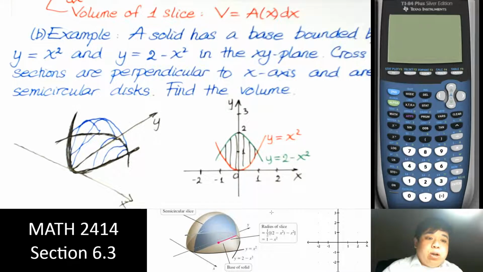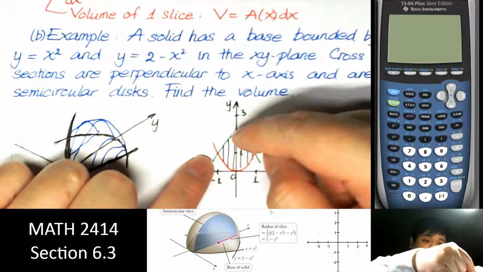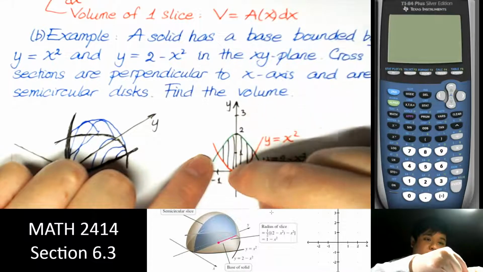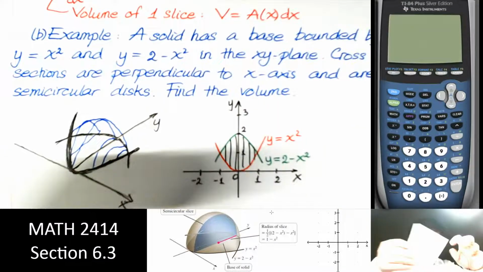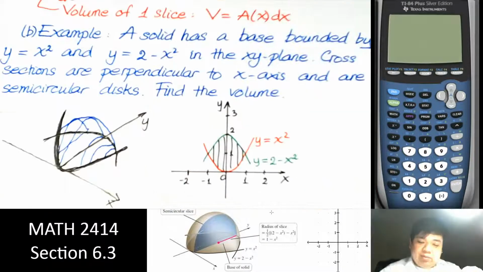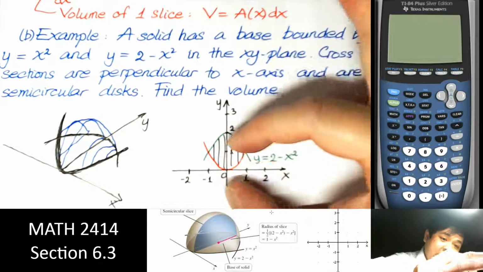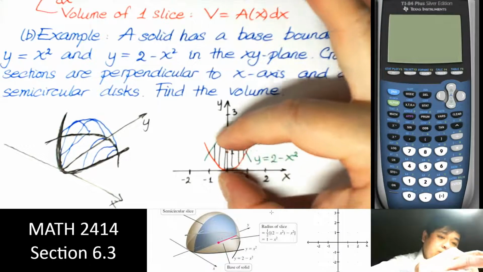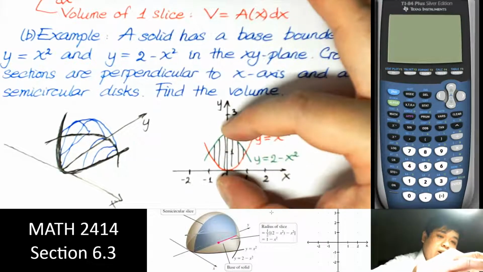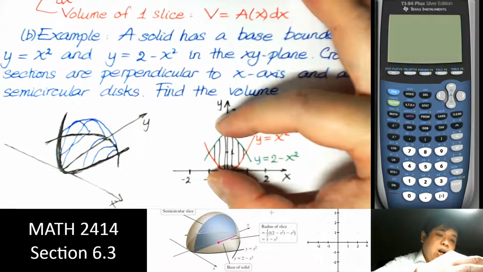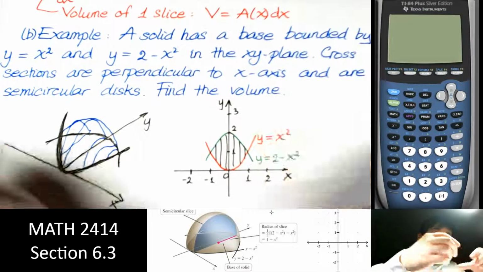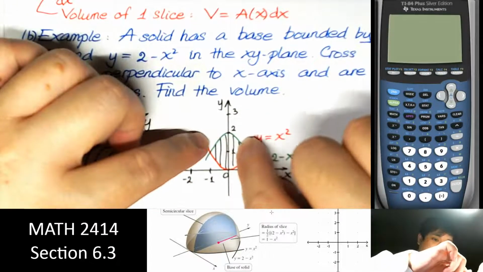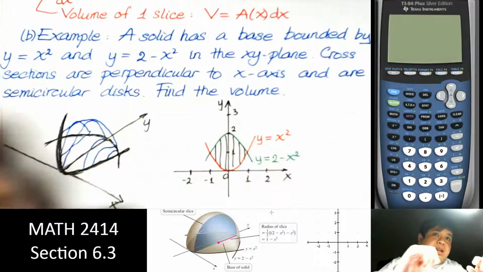Now what we're trying to do is imagine there's a semicircle that goes above like this, so each slice forms a semicircular disc. So we're going to put a disc on top of it where the base is the diameter.